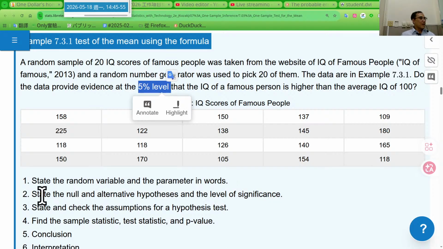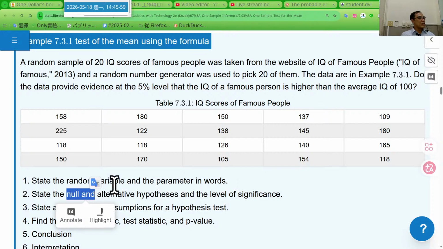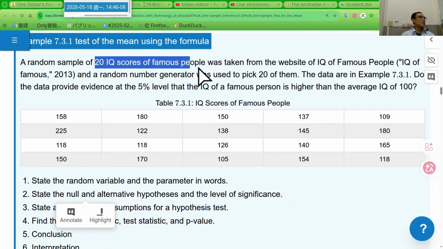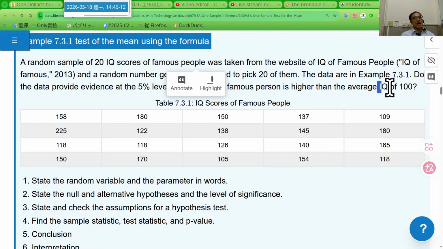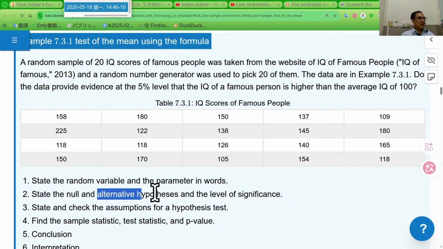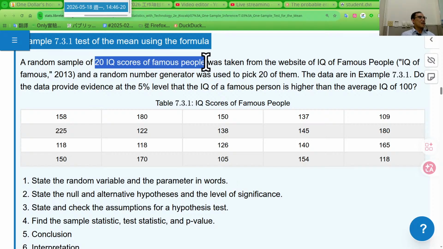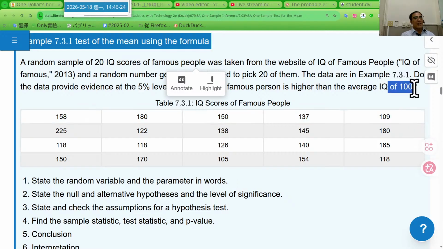And how about the null hypothesis? The null hypothesis assumes that the IQ scores selected from 20 famous people are equal to the average IQ 100. And how about the alternative hypothesis? That assumes the people selected in the test are greater than 100.